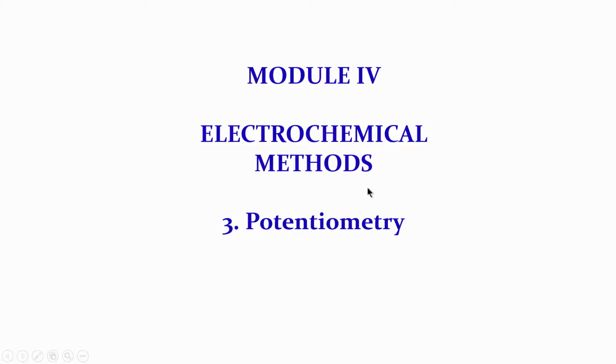We are going to start our discussion on the electrochemical methods on potentiometry now. Earlier we had done electrogravimetry and conductometry. Third technique is potentiometry. So, what do we have in potentiometry?